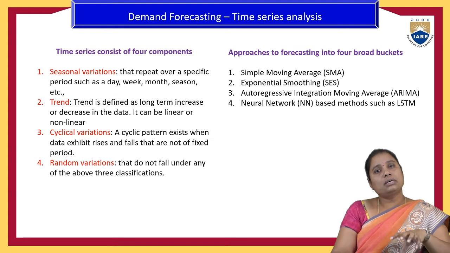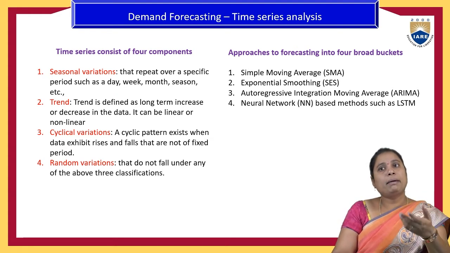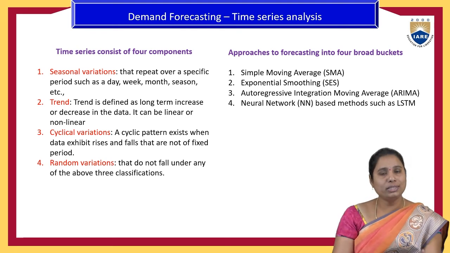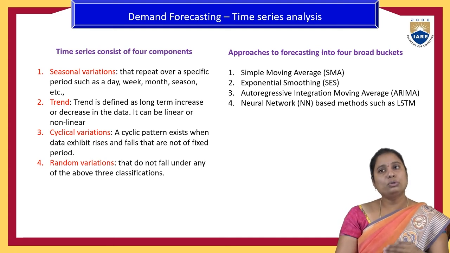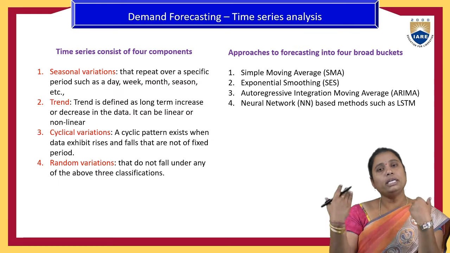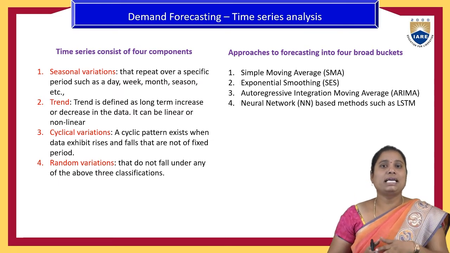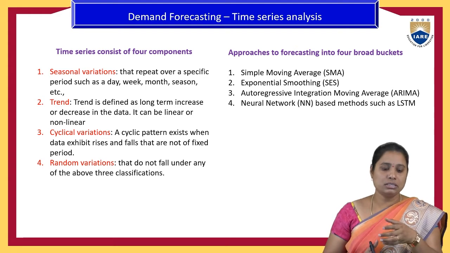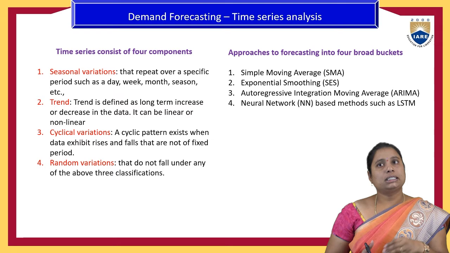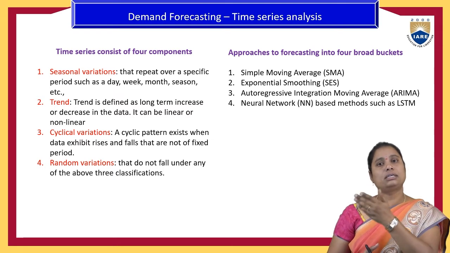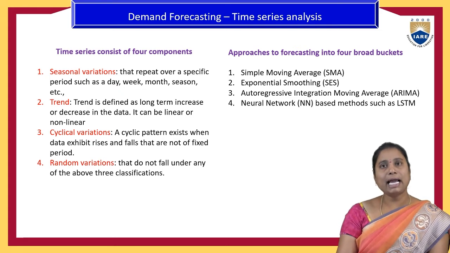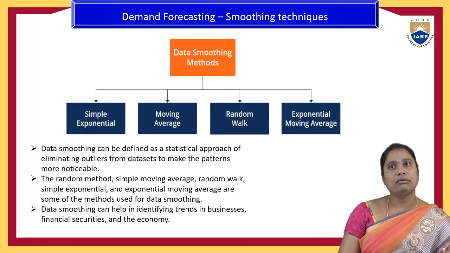After the collection of the data, they can apply simple moving average techniques, exponential smoothing techniques, auto-regressive integrated moving average techniques, or neural network based methods. Any of these methods they can apply on data collected from seasonal variations, trend projections, cyclical variations, and random variations, and they can estimate the future demand for any product. So that is the time series analysis under demand forecasting.